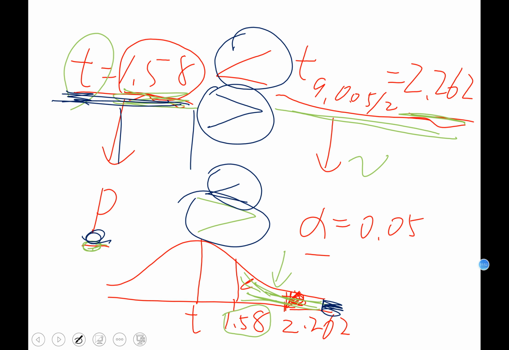You cannot compare this negative number directly with the standard value. You need to change it into the absolute value, and then you can compare the two numbers of t.